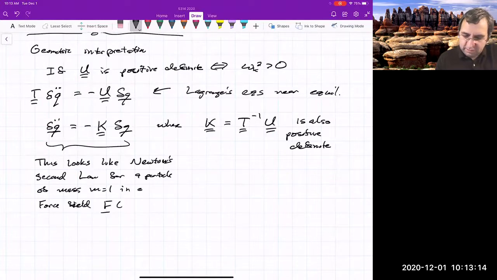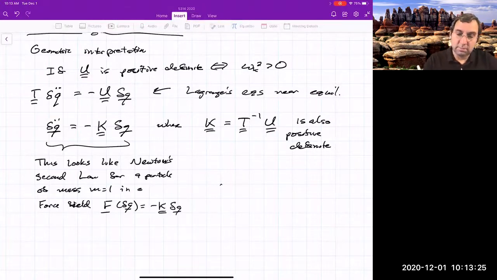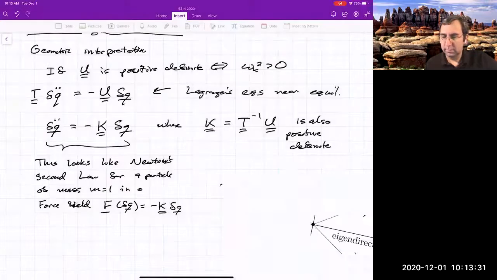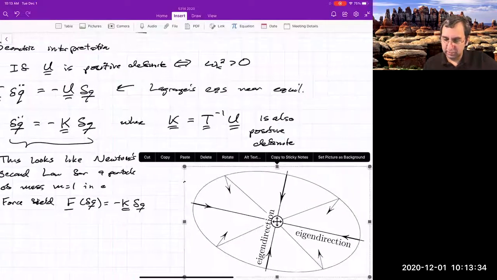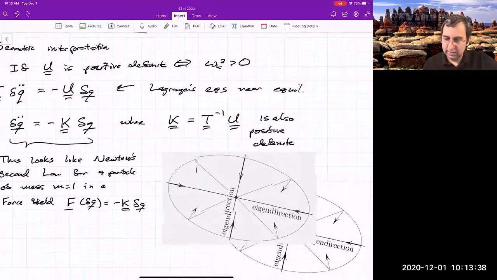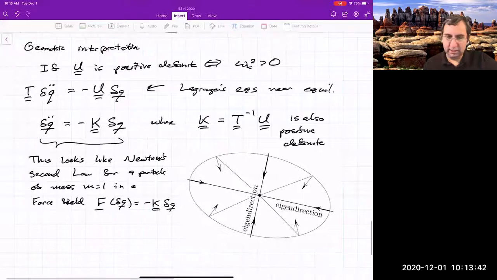I'll write it as F equals negative K delta Q. Okay, and let's sketch what that force field looks like for just 2 degrees of freedom. In 2 degrees of freedom, this is what that force field looks like. I got a picture like this.